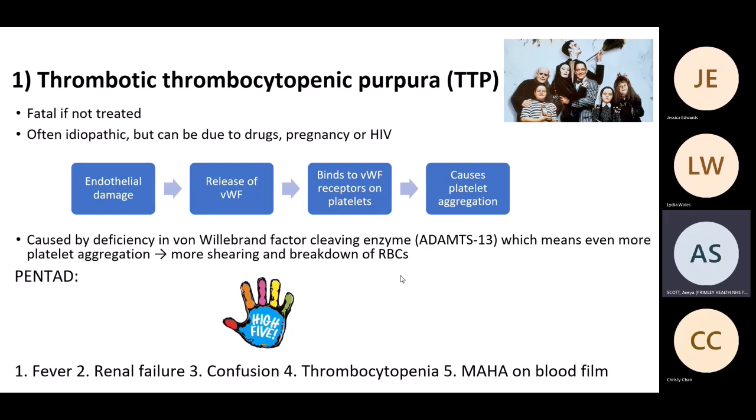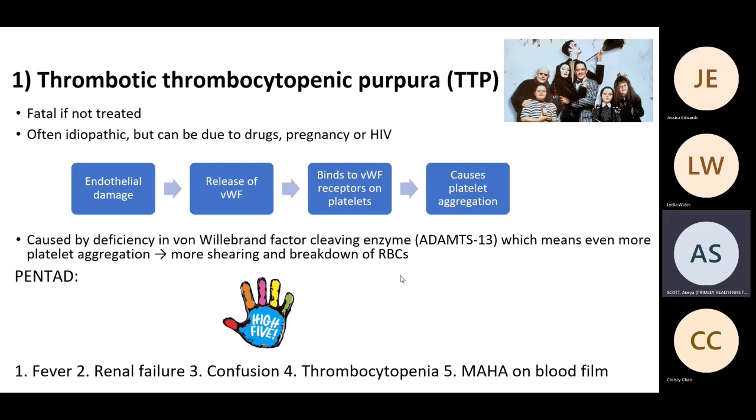And it's caused by a deficiency in this von Willebrand factor cleaving enzyme, which is ADAMTS13. So you don't have this enzyme that breaks down the von Willebrand factor, so you have even more von Willebrand factor, so even more platelet aggregation. So I hope that makes sense.